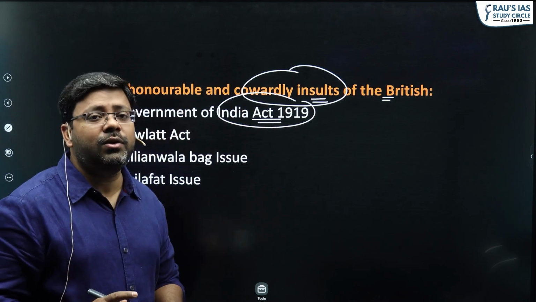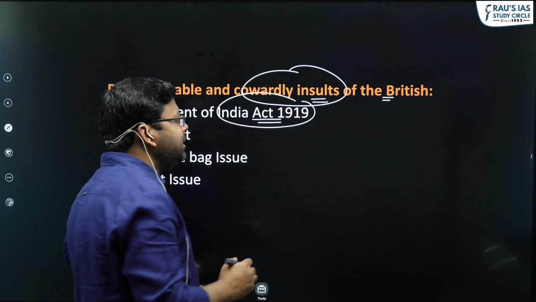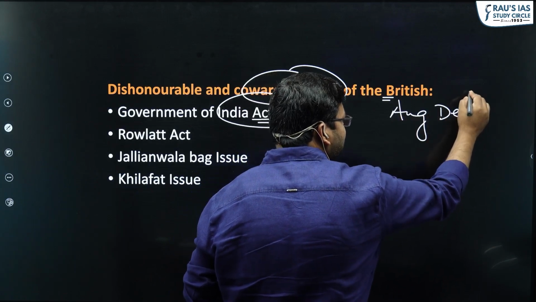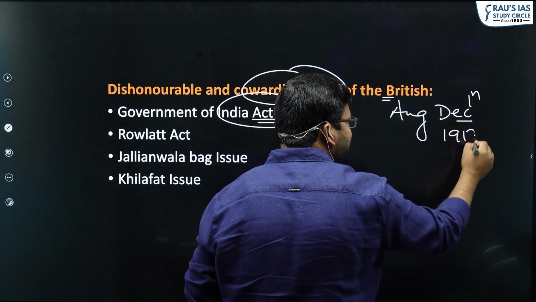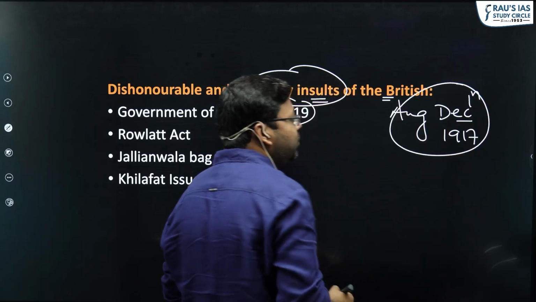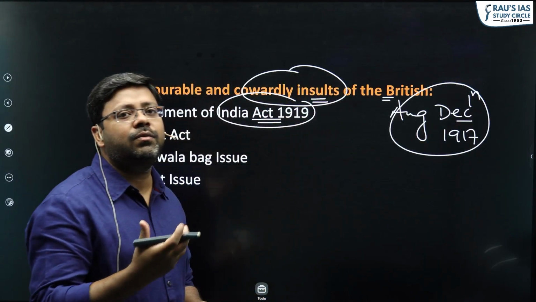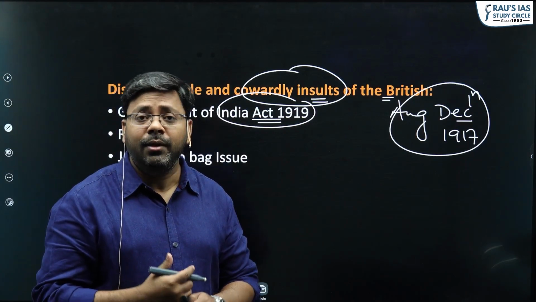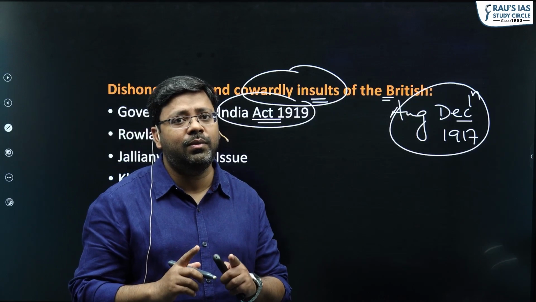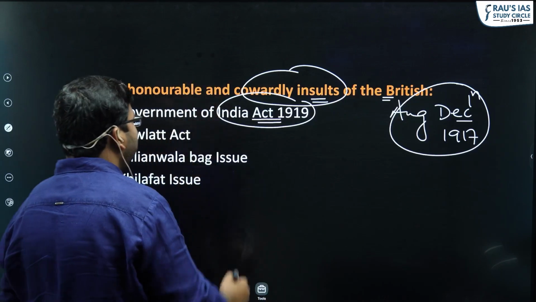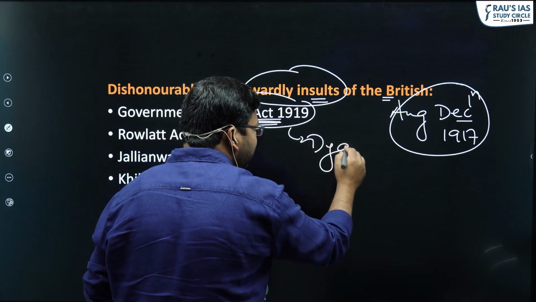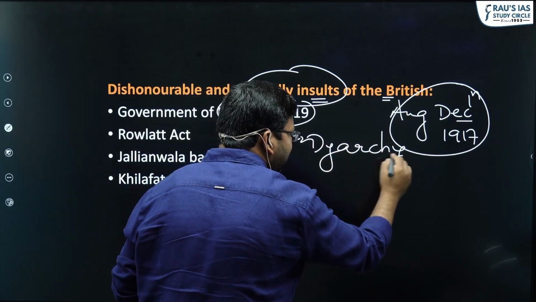During the World War, to get the support of the Indians, the British had come up with the August Declaration of 1917, in which they had proposed progressive realization of responsible government in India within the British Empire. But after the war, they went back on their promises and came up with the failed reform of 1919, which was very problematic because of a system like diarchy.